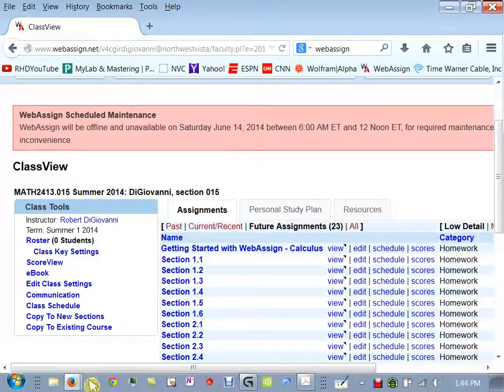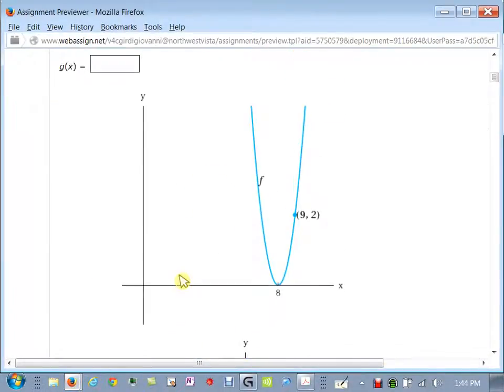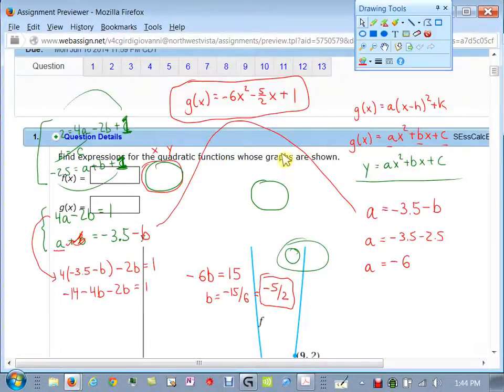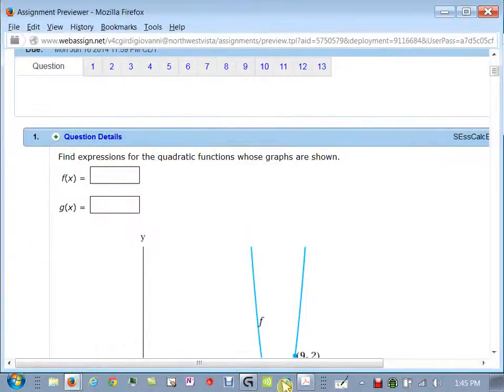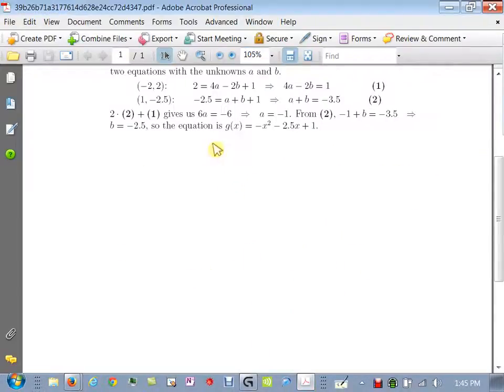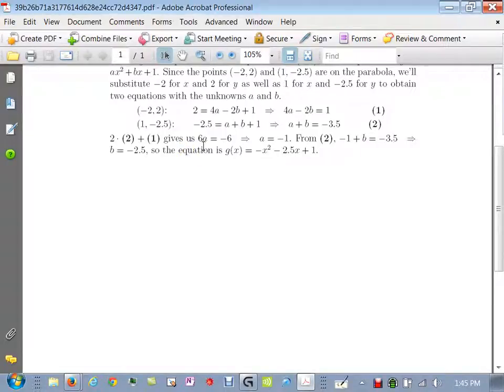Where's my issue on this? Negative 6. Trying to see where there seems to be a little bit of an issue. Negative 5/2. Bring that solution back up. They're saying we should have a negative. A should be negative 1.